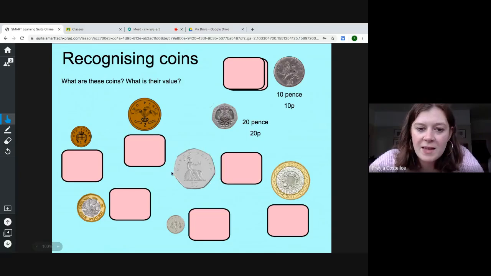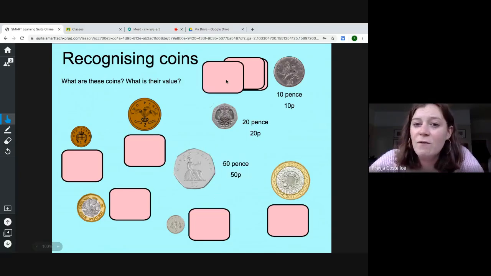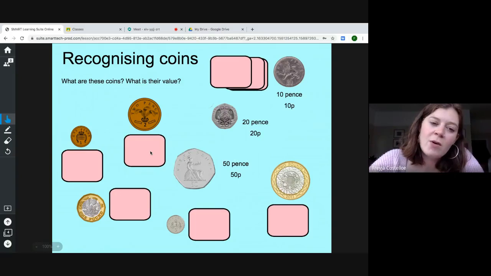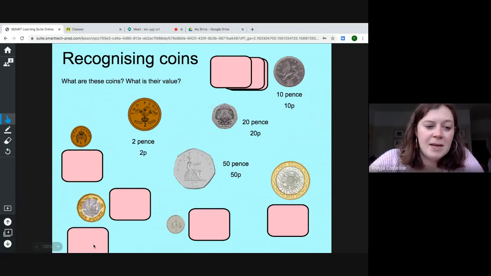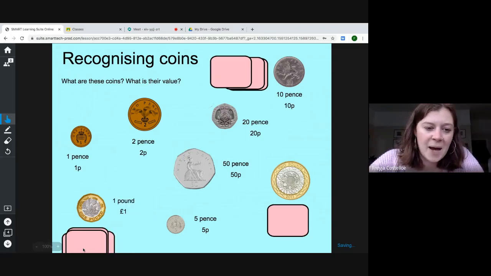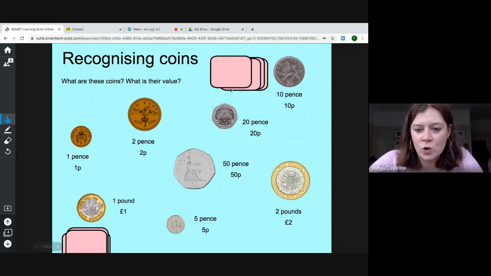This big one with the edges, the big silver one, we know that that one is 50p or 50 pence. This one here, one of the browny copper coloured ones, it's got the number 2 on it. We know that that means it is worth 2 pence. It is 2p, and this is our 1p. Our little tiny one, remember, is our 5 pence. And then we have our pounds, our £1 and our £2 coin.